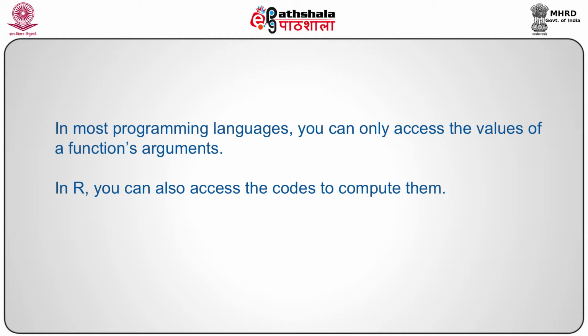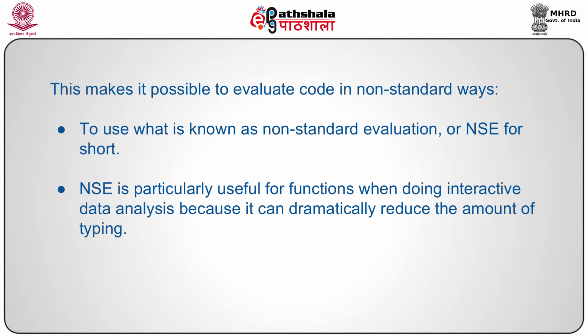But R has something special for us. If you use R, you can also access the code used to compute them. This makes it possible to evaluate code in non-standard ways. That is, to use what is known as non-standard evaluation, or NSE for short.